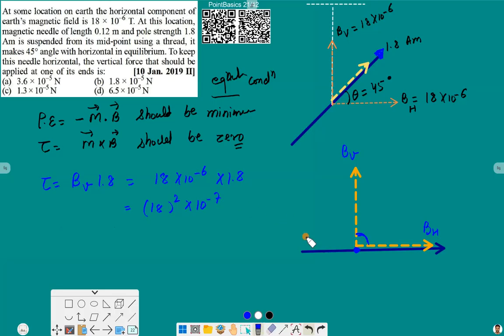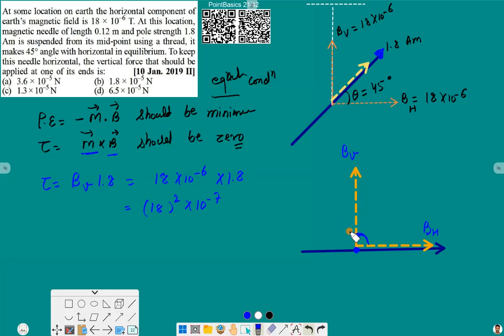Suppose, first of all, let's find out the direction of this torque. As torque is m cross B, our needle's magnetic dipole is acting in the x direction, and here we have magnetic field in the y direction.